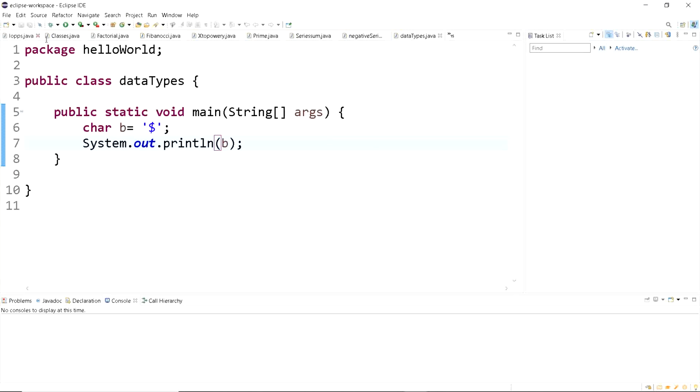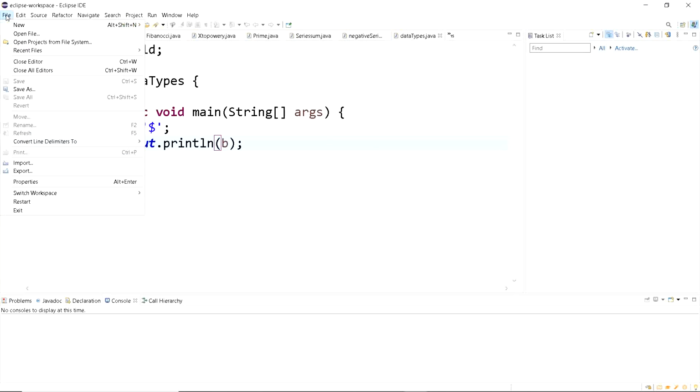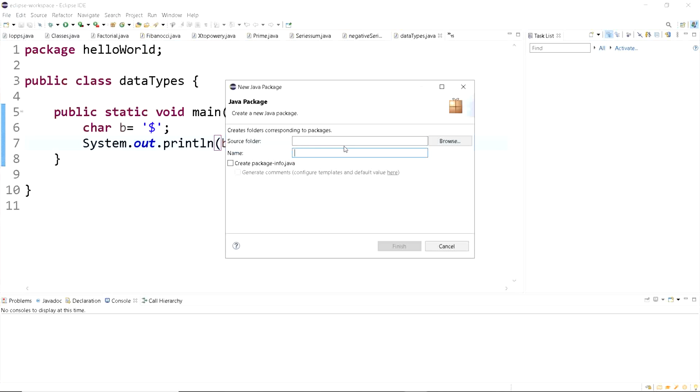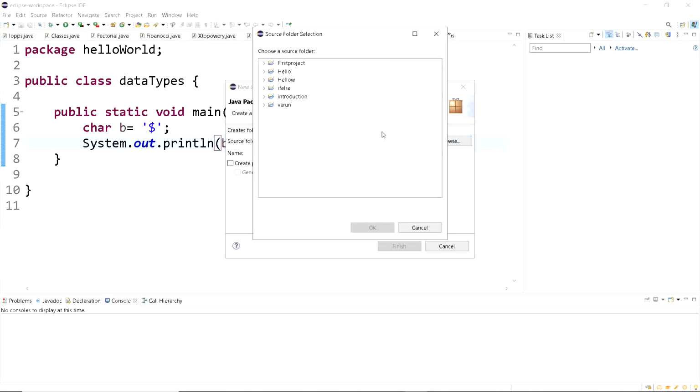Now we've opened the Eclipse IDE. Let's go to File. First, let's create a new package called operators.